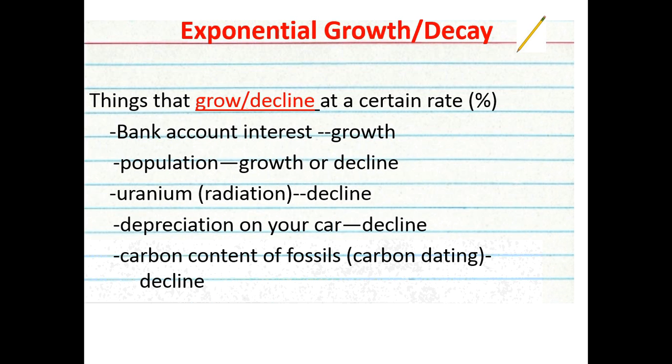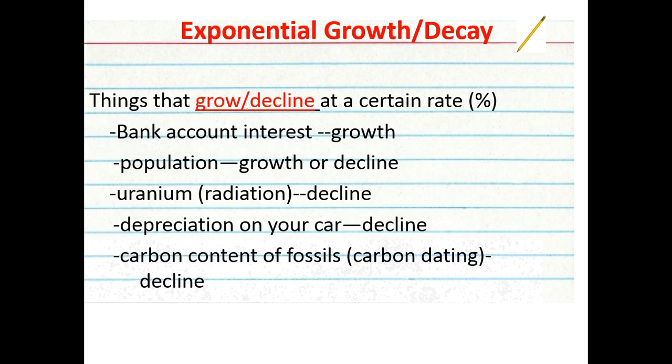That's definitely decay. Depreciation of your car. So you buy a car, you take it off the lot, and it depreciates. Fossils, carbon content in fossils, carbon dating. That's how they determine how old mummies are. And that's a decay.